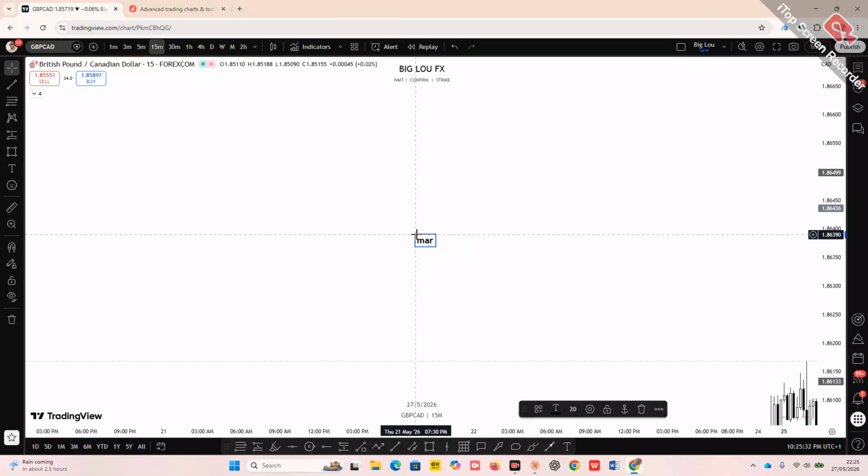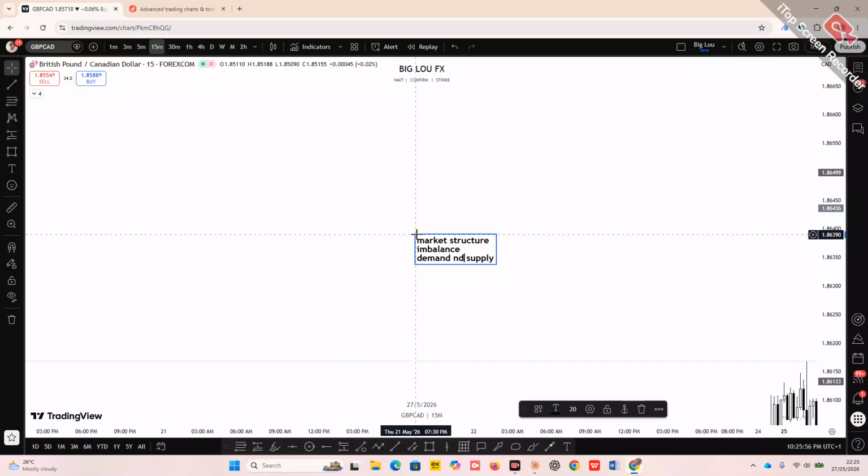So I trade market structure, which simply tells you the flow of the market, how the market is moving. I trade imbalance, then I trade demand and supply.